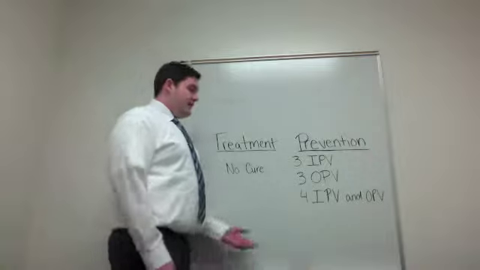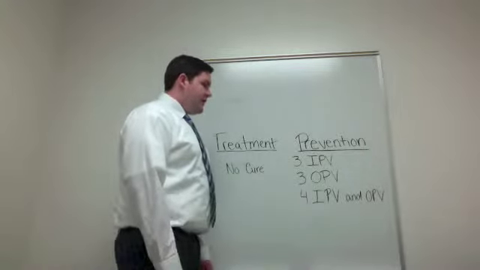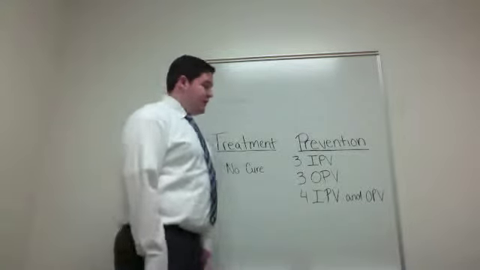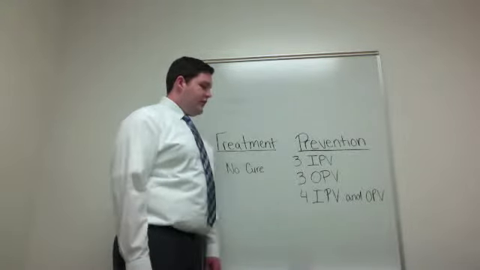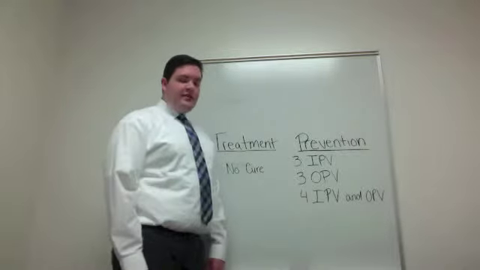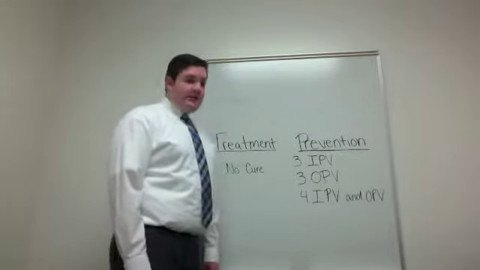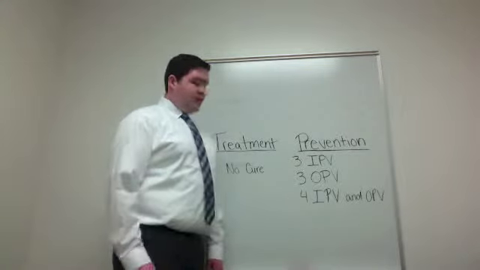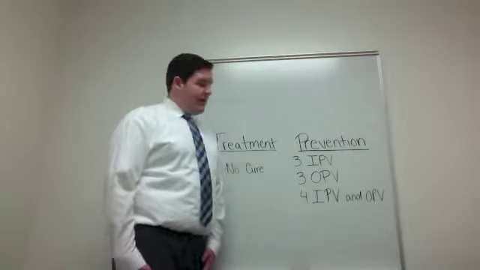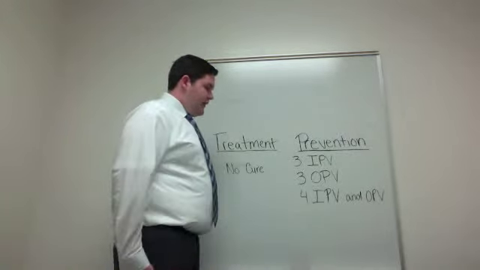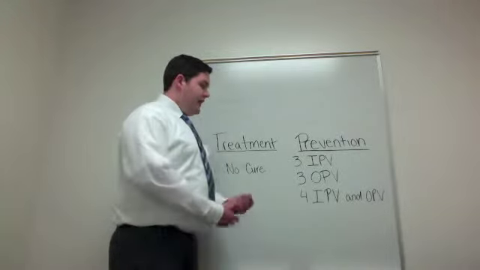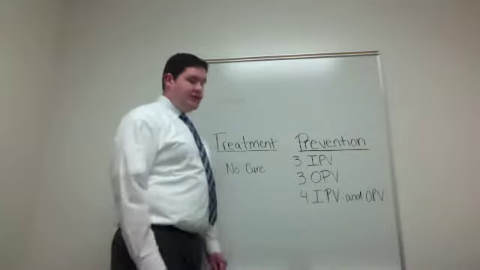There is prevention that is available. There is the IPV, which is inactive poliovirus, as well as the OPV, oral poliovirus. The inactive poliovirus was invented by Jonas Salk in 1954. The OPV was invented by Albert Sabin in the 1960s. For prevention, at least the IPV vaccination is needed.